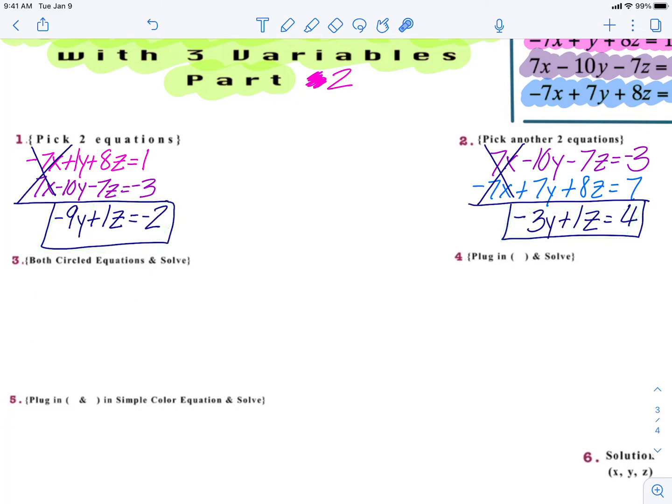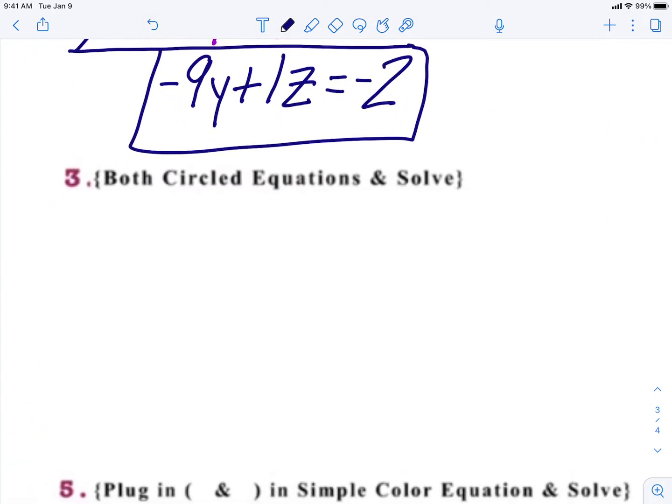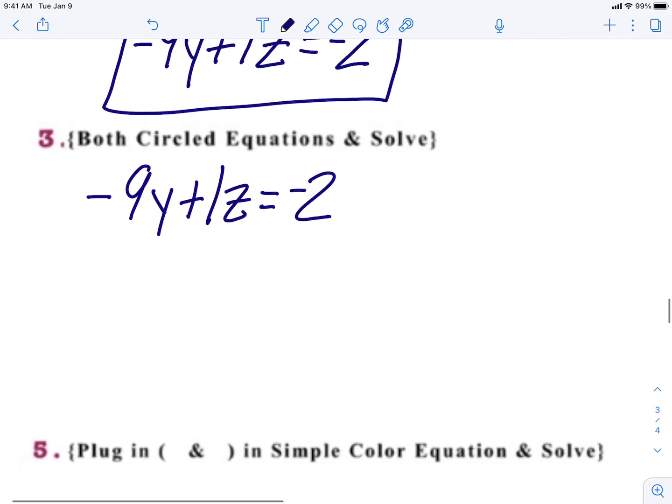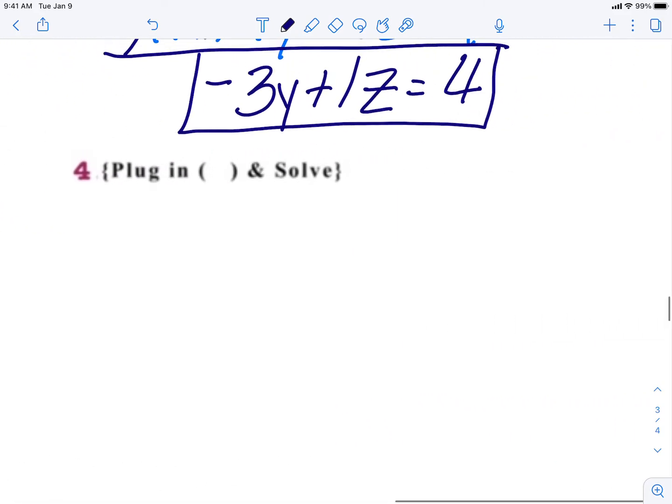Two equations, they're both the rectangle ones. So let me recopy this here. Negative 9y plus 1z is equal to negative 2. And then my second one, negative 3y plus 1z is equal to 4.